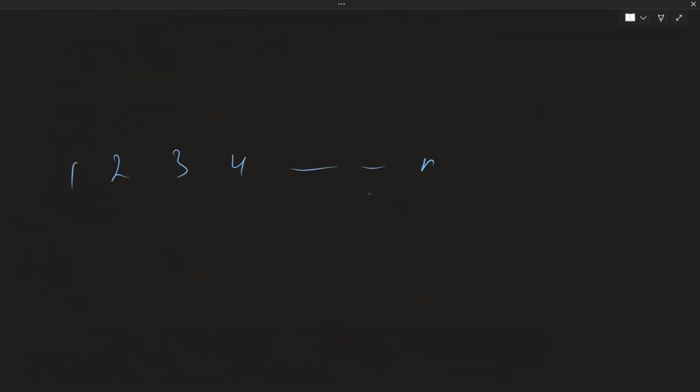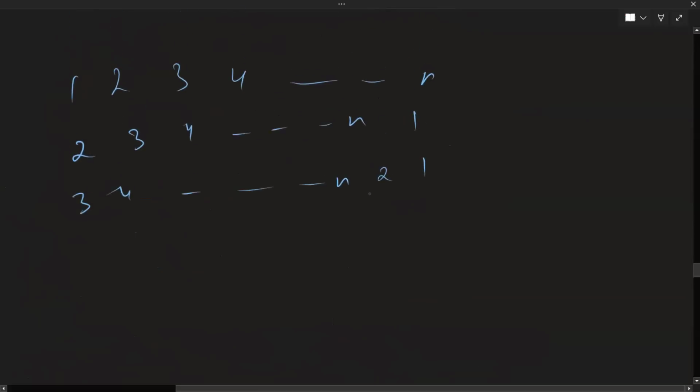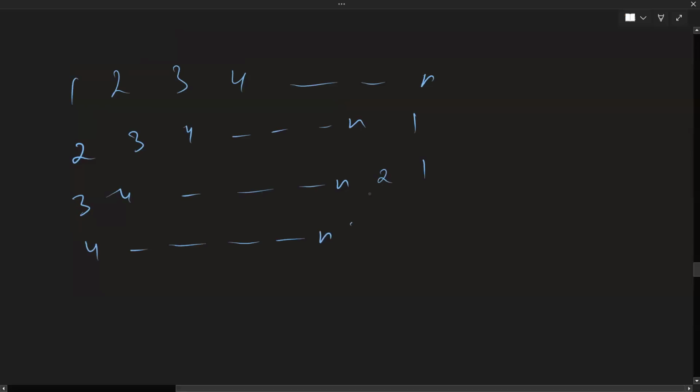If I do the p equals to 1 operation, I'll get 2, 3, 4, all the way up till n and 1. If I do the p equals to 2 operation, I'll get 3, 4, all the way up till n and then 2 and 1. If I do p equals to 4, I'll get 5 up till n and then 4, 3, 2, 1. Is this making sense? And out of all of these, I need to check whether any of them is k proper. Yes, no?